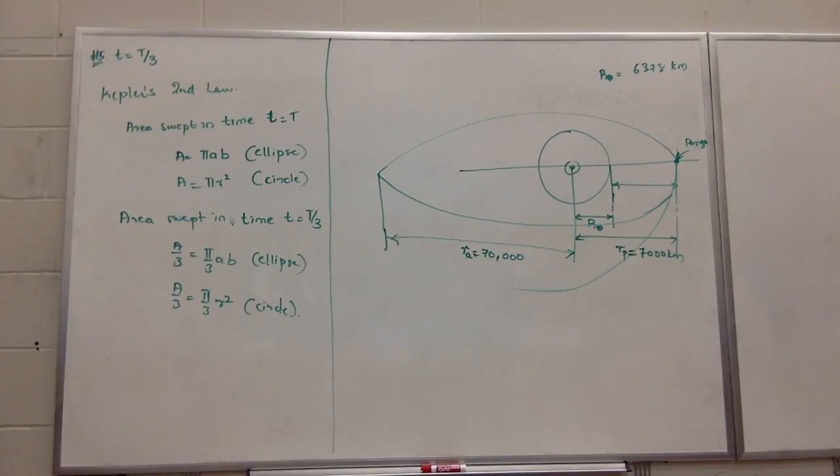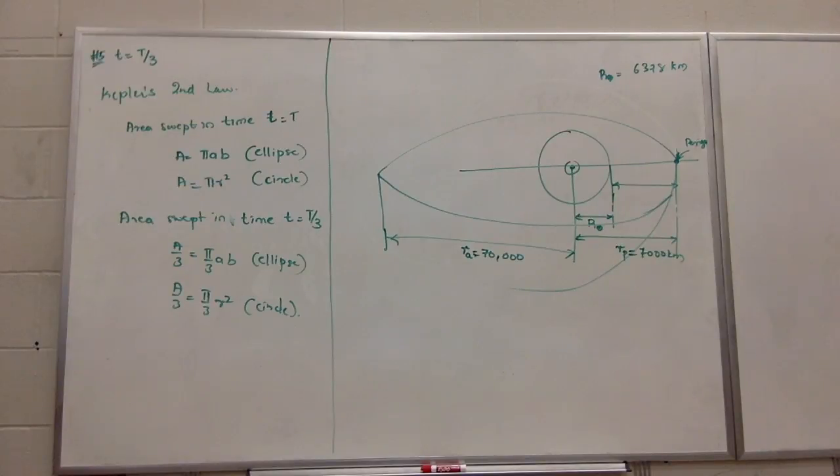You see that? So it cannot be this. You have the one that's closest and the one that's far off, and the line connecting them is the apse line. Makes sense? So, apse line.